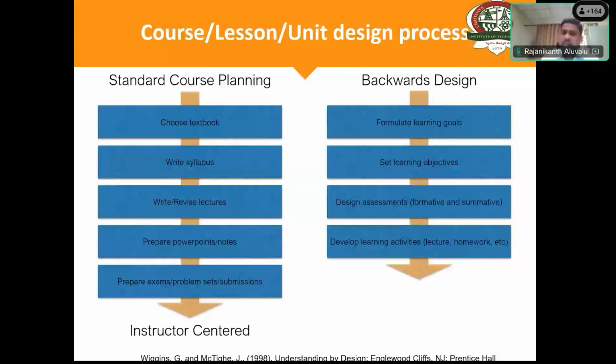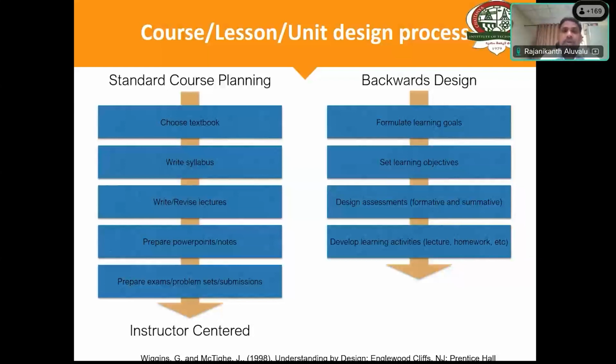Now compare the standard approach and the backwards design. In the standard approach, the syllabus is already in place and implementation is done. Later, when we are asked to assess, we may fail to assess the outcomes. Here, we are failing to implement outcome-based education, and we are also failing to assess the learning of the student, so we may not know whether the student has learned or not.